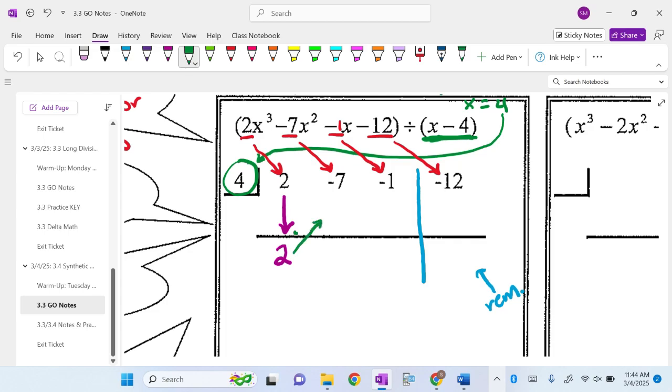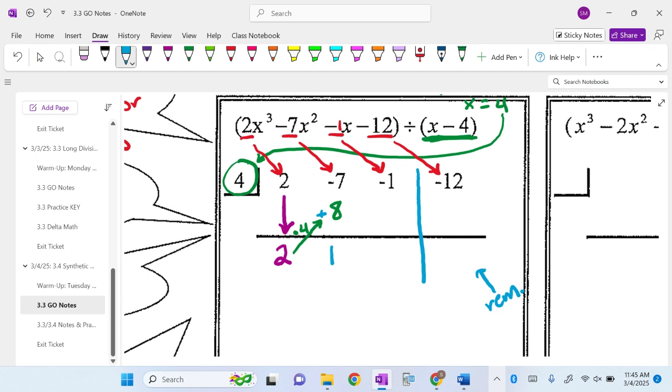So, we're going to multiply this by 4 and write that value there, which is 2 times 4 is 8. We then add the 2 numbers vertical from each other, so -7 plus 8, which is +1, and we write it there.